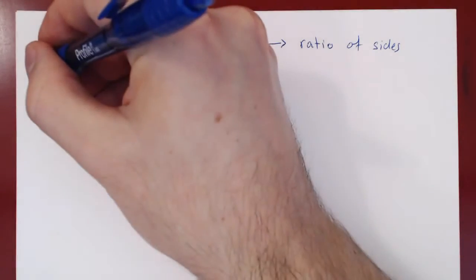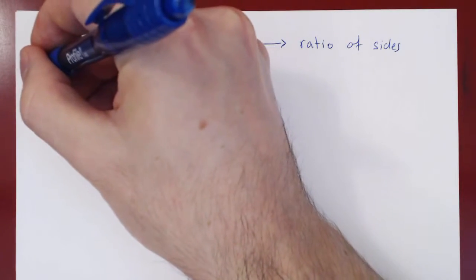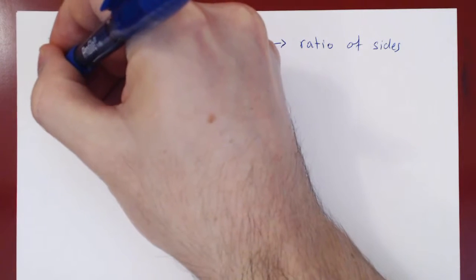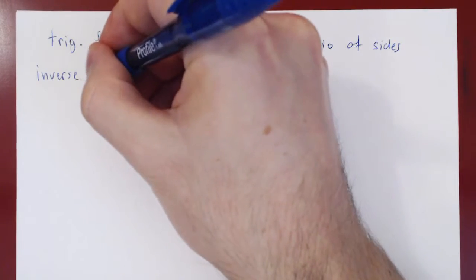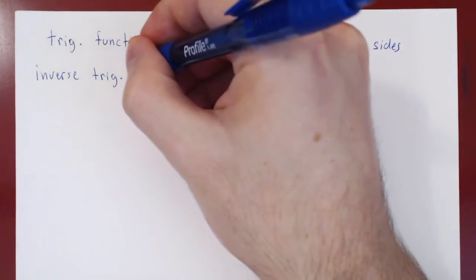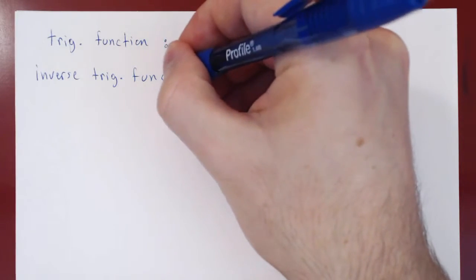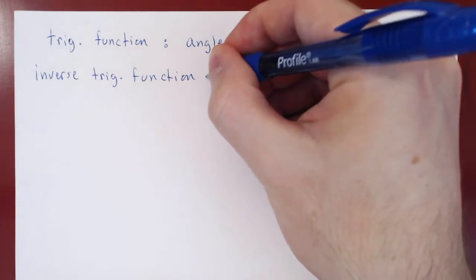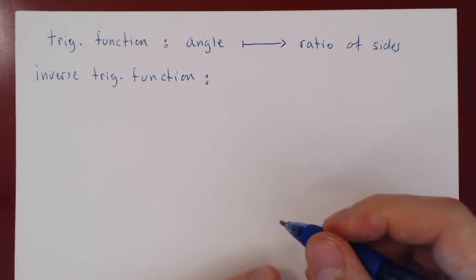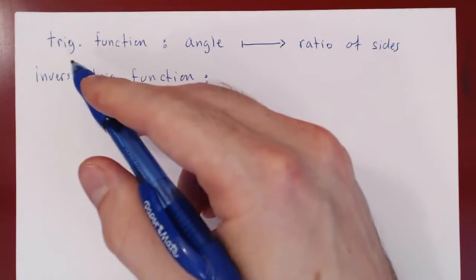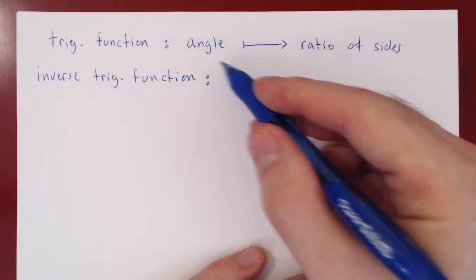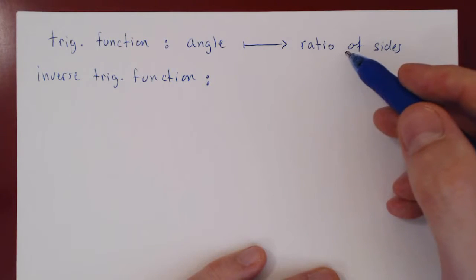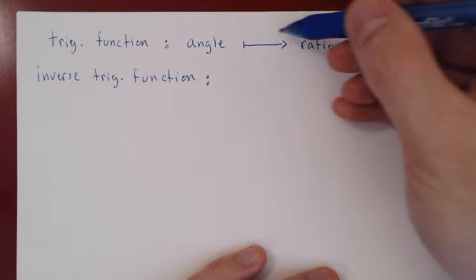So of course the inverse trig function does the opposite, right? If a trigonometric function takes an angle as its argument and returns a ratio of sides, the inverse function will do the opposite.